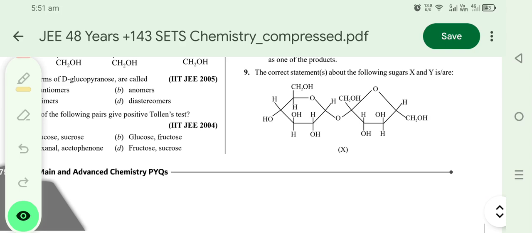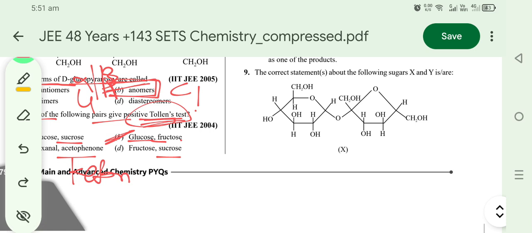The correct statement for the ninth question. In the ninth question, X is a compound with a sucrose-like structure. It has a free OH group at this position, and here it is the second carbon. In the second carbon it is a ketol form, and the glucose also has an acetal form at the C1 carbon.